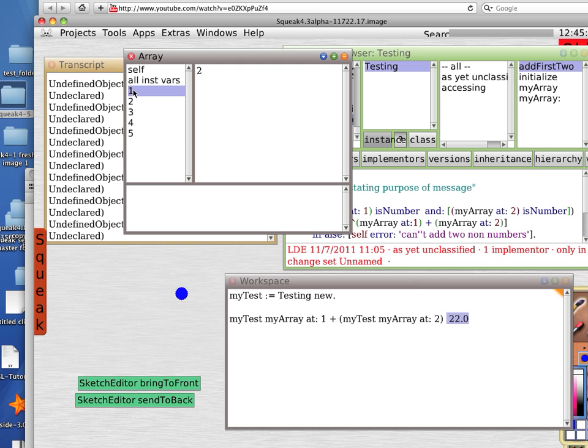Now if we had done my array at 1, my array at 1, we would have gotten back the value at my array at 2, which is not what I expected.